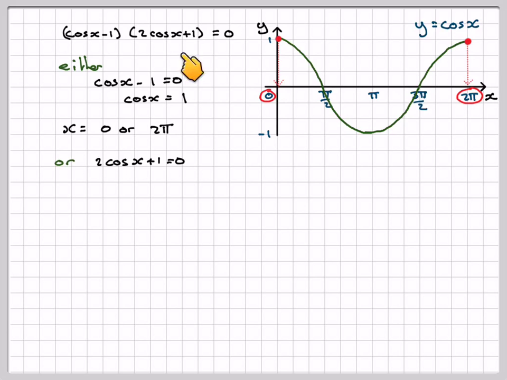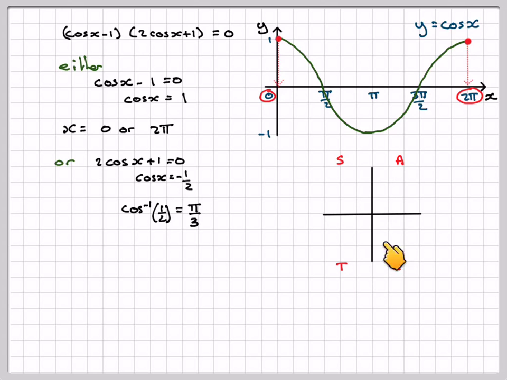Or the other bracket's equal to 0. This one here, 2 cos x plus 1 is equal to 0, and that gives cos x is equal to minus 1/2. Doing cos to the minus 1 of 1/2, that's pi by 3. So we want to know where it is negative, because it's minus 1/2. Cosine is negative in the second and the third quadrant.